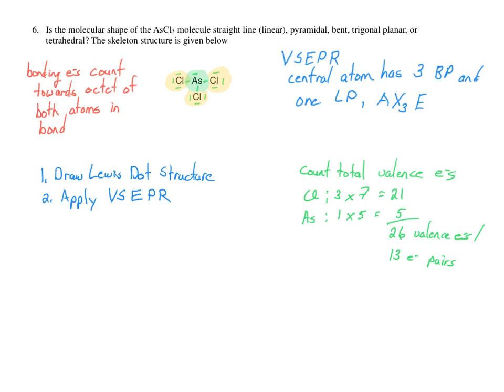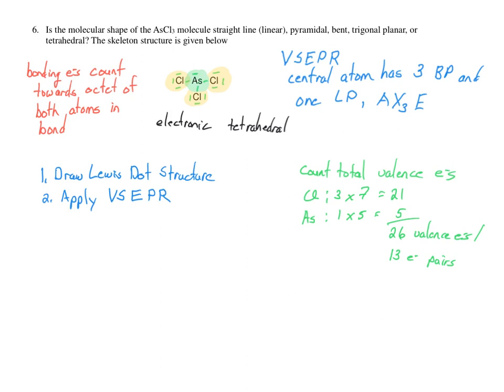The result is that our electronic structure is based on a tetrahedral. One of the positions within this tetrahedral is taken up by a lone pair.